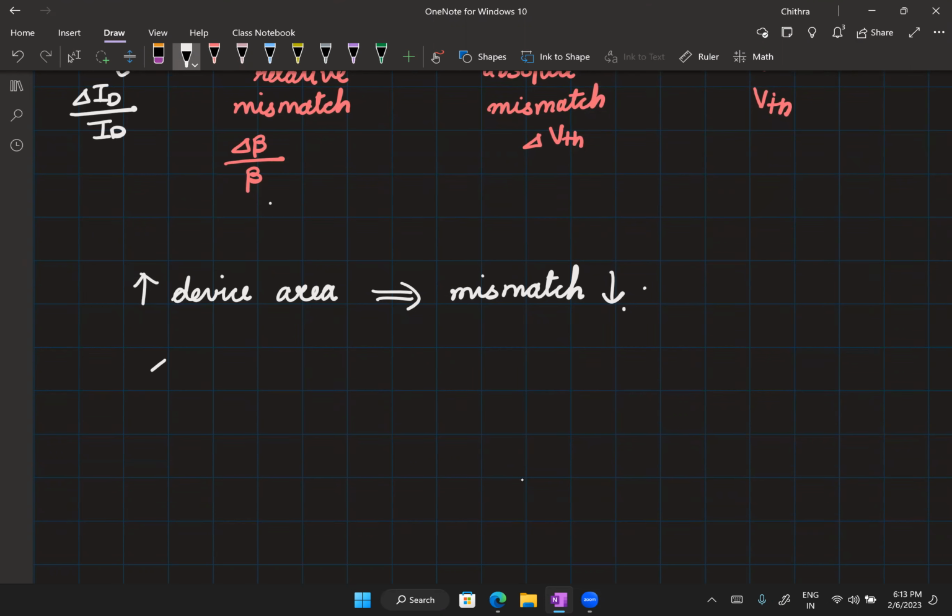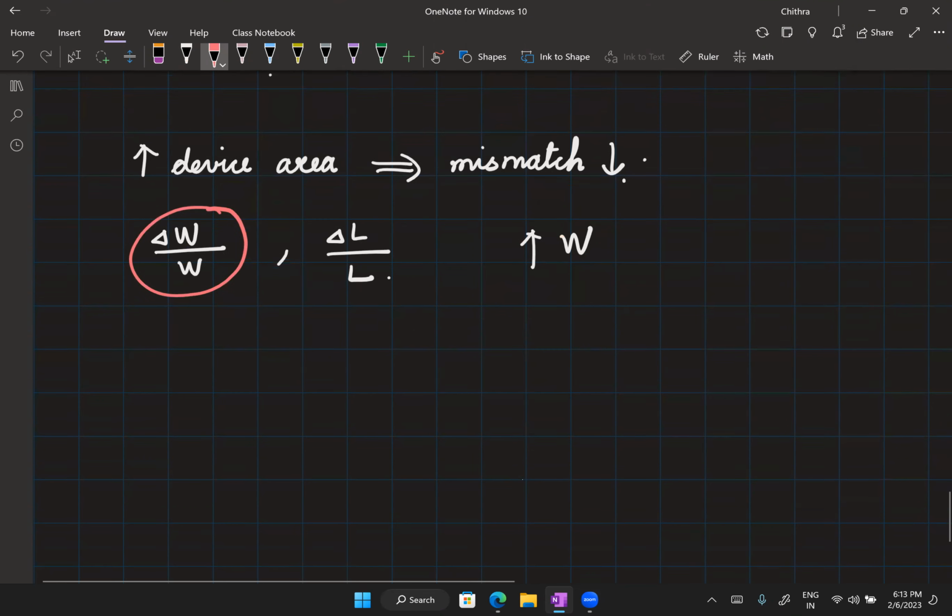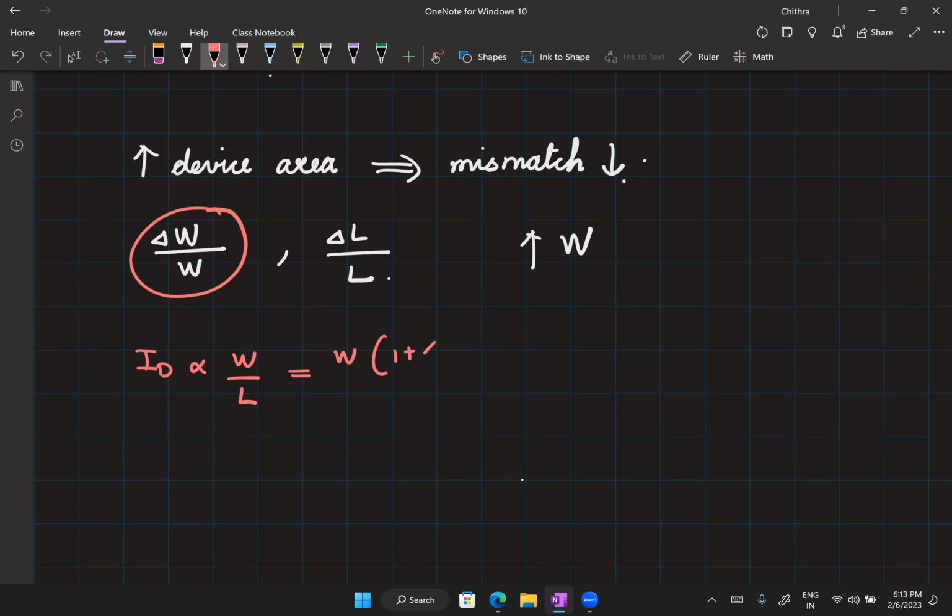So let's say I'm looking at the parameter delta W by W and delta L by L, right? If I increase my W, it's quite easy to see that this parameter is going to reduce, right? So in other words, my current is proportional to W by L. Now with these variations, instead of W by L, I can write it as some W into 1 plus delta W by W divided by some length into 1 plus delta L by L. Okay.